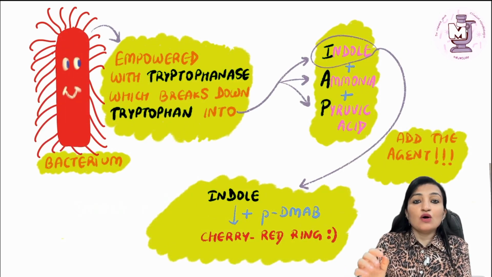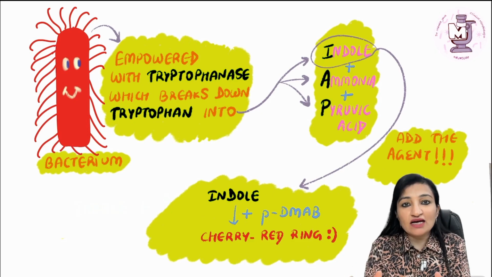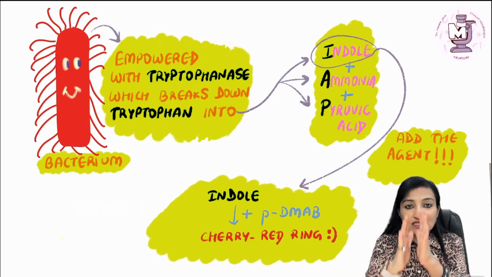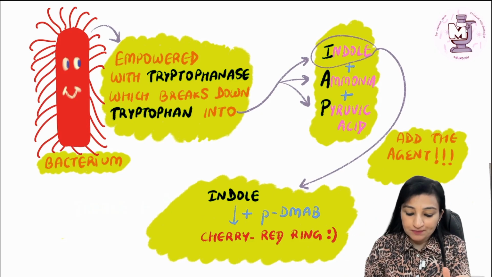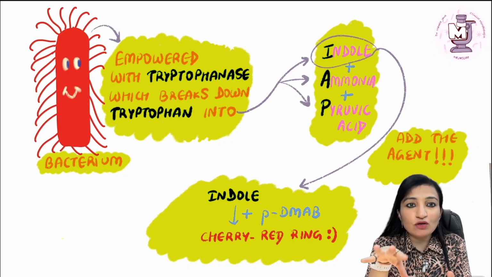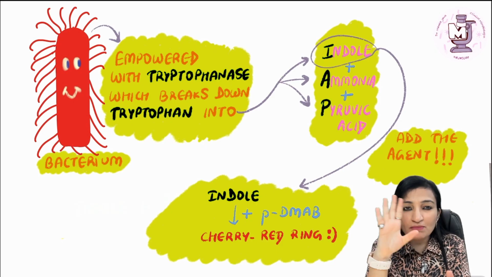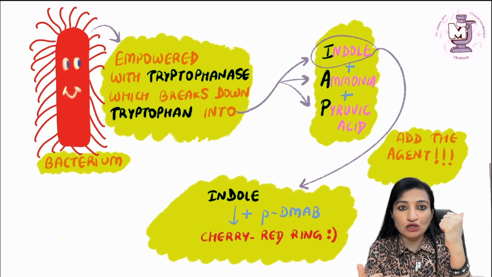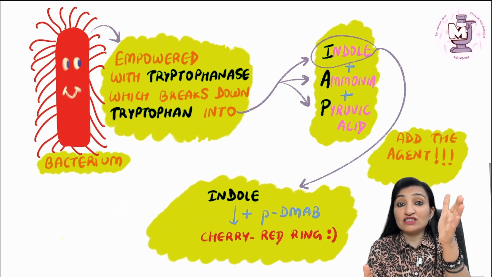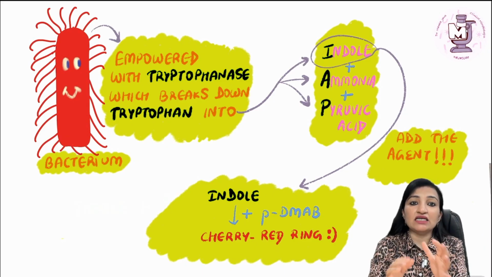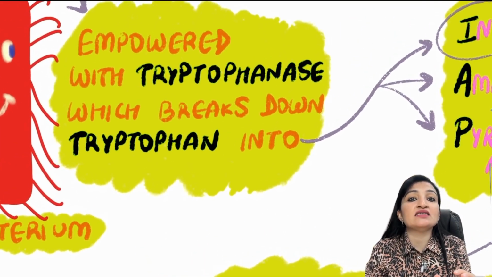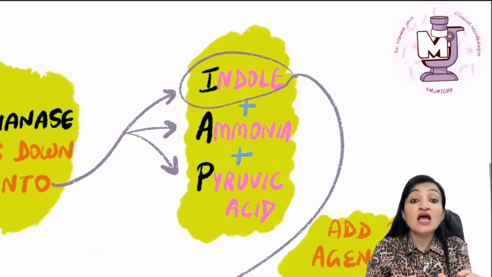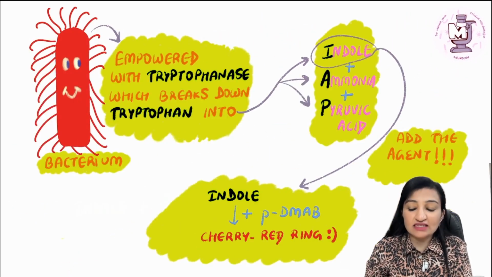Now whatever I have discussed so far in this video, this is a summary slide of all of that. You can see this beautiful bacterium, again a gram-negative rod, with peritrichous flagella I have drawn. So let's say this is Escherichia coli. Bacteria like Escherichia coli and other indole positive bacteria are empowered with the tryptophanase enzyme which breaks down tryptophan into IAP: indole, ammonia and pyruvic acid.